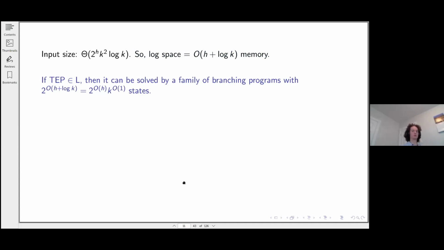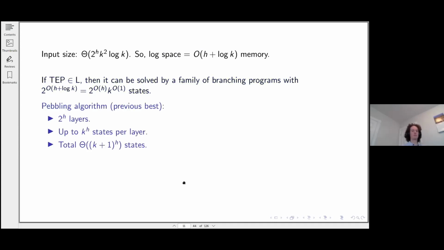Now, the Turing machine can be in any of 2 to the order of h plus log k distinct configurations, which is the same as 2 to the order h times a polynomial in k. So that is our limit on the number of states. In the other direction, if we can prove that no branching program can be made with that many states, that would prove that TEP is not in L.